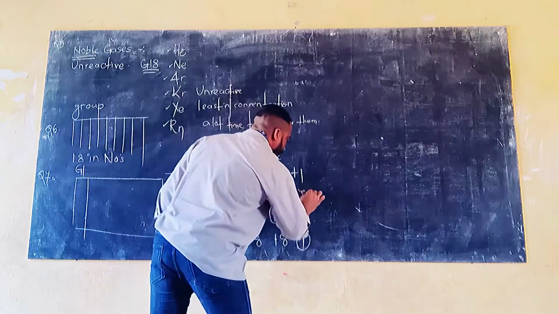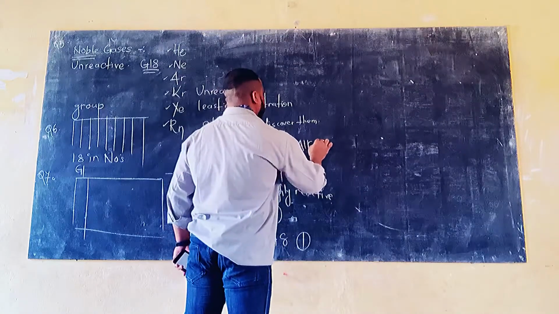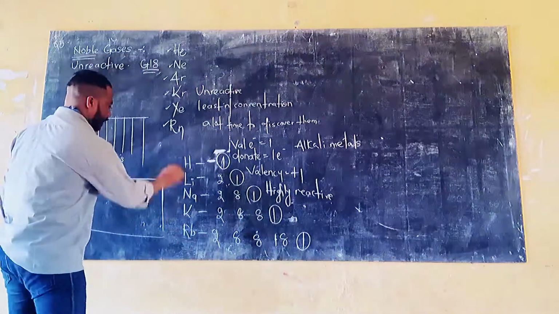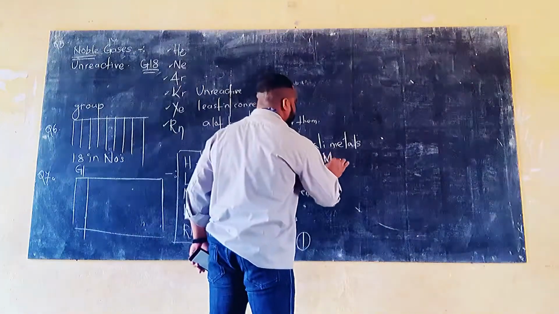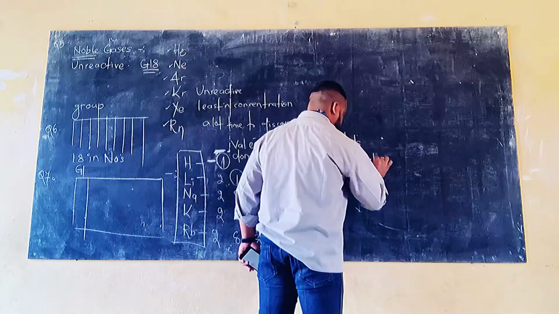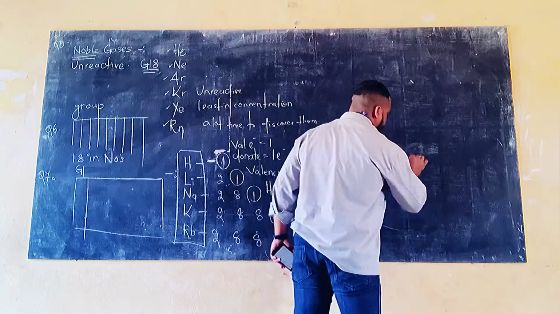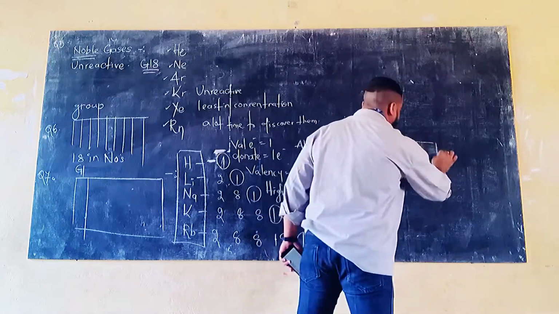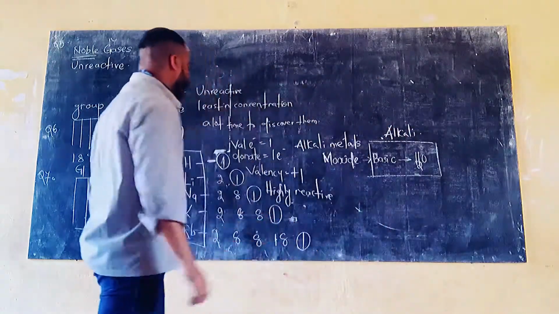They are also called alkali metals, because these elements form metallic oxides, and those metallic oxides are basic in nature, and that base is soluble in water, and the bases which are soluble in water are called alkali. Done.